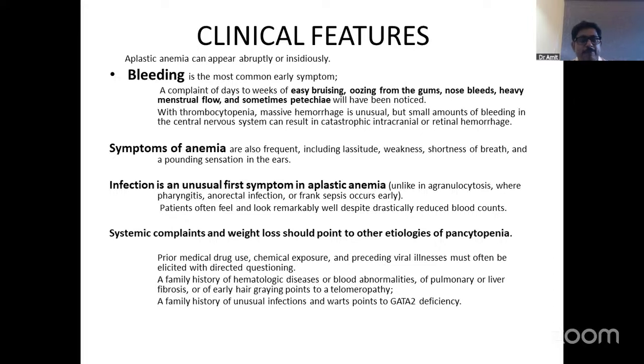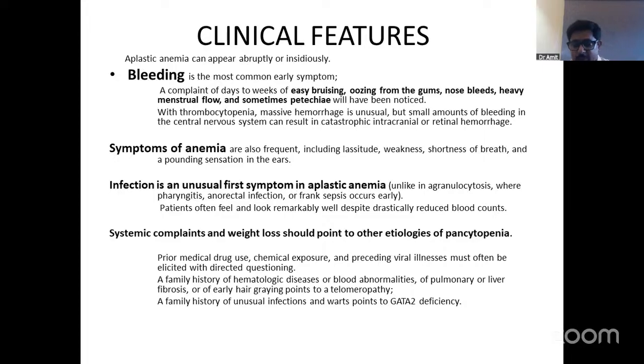A family history of hematological disease or a bleeding abnormality, or pulmonary or liver fibrosis, or early hair graying will point to telomeropathies like dyskeratosis congenita. A family history of unusual infection with pancytopenia and warts points to GATA2 deficiency.